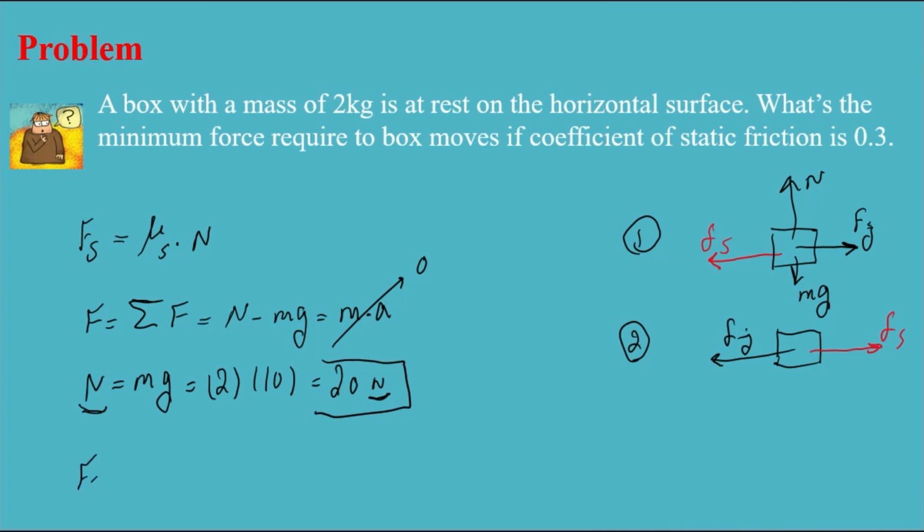So my Fs is going to be equal to my mu here, 0.3, times 20, correct? So that's going to be 6 newtons. So that means if I apply 6 newtons, the box starts to move. So if I want to move the box, the force should be more than 6.